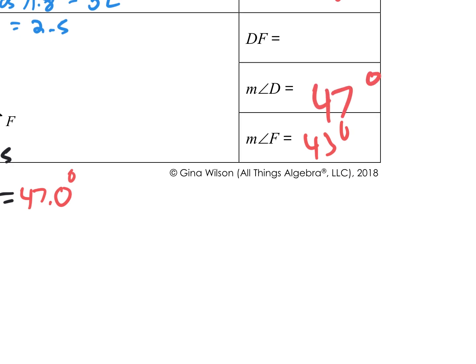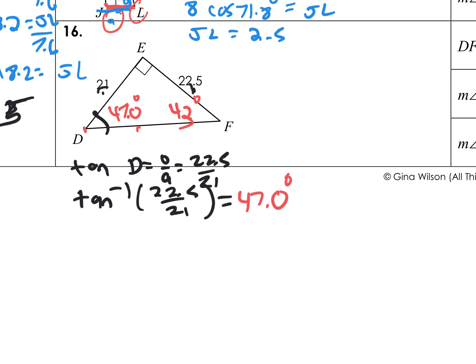We're missing one side. We're missing the hypotenuse. So pick the side you want to use with the hypotenuse. I would agree with you. I'd rather work with 21 than to work with a 22.5. So what side is that? What angle are you using then? You're using an angle D? Yes, we're using 47.